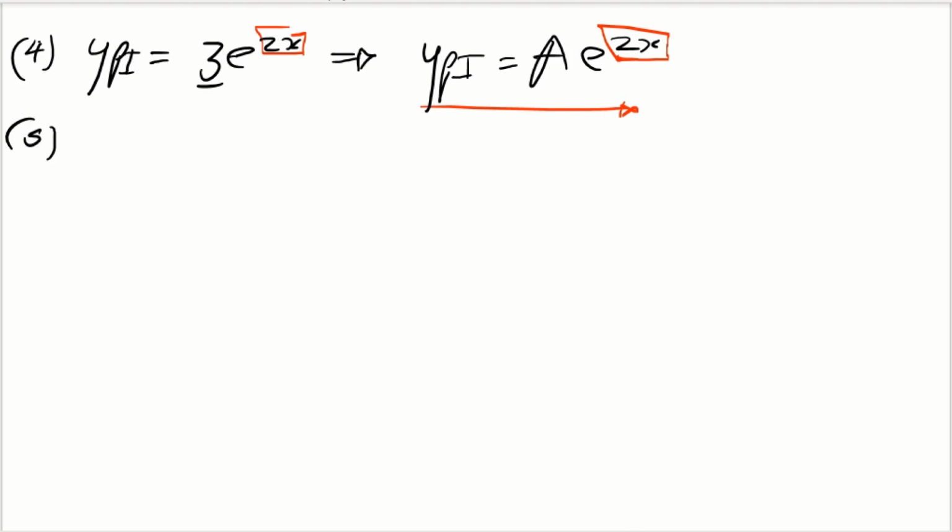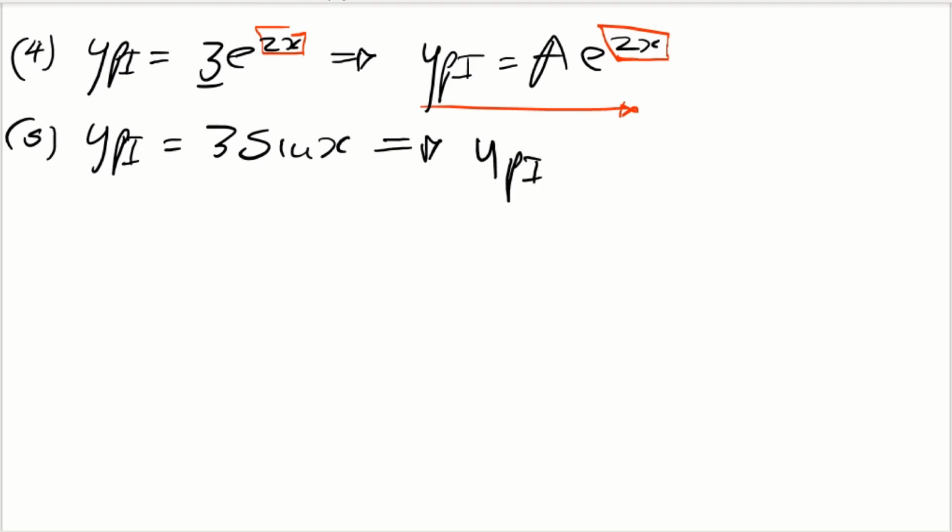So the next application is YPI equals to, when your whole equation is equated to a trigonometric function. So you say you have 3 sin x. When you write it in your YPI equation, you're going to write this equation right here.